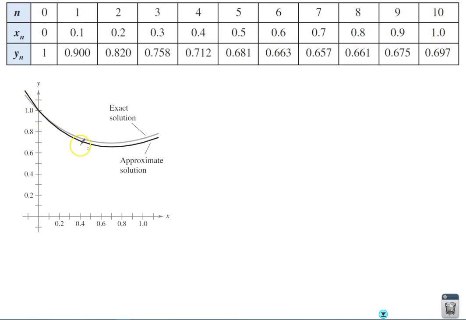Do you see how much closer that is as opposed to if I had started here and just done a tangent line here? That would have been my approximation, but it's going to get so much further away from the actual curve, as opposed to doing Euler's method where it gets closer and closer.